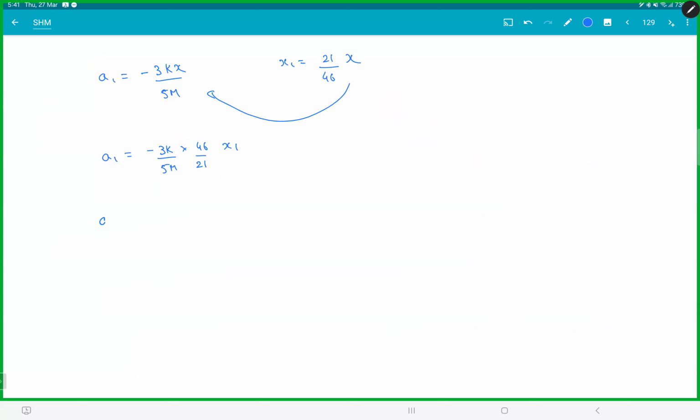There. Now this will be 46k by 35m, which is omega square, times x1. So that is your omega square. So the time period is 2 pi by root over 35m by 46k. And what about the amplitude? We got x1 is this ratio, so the amplitude for x1 must be 21 by 46 a.